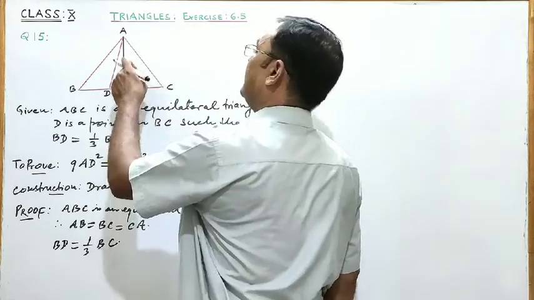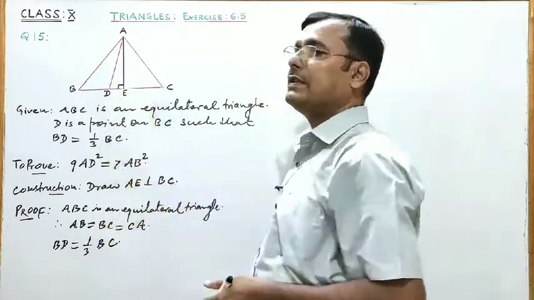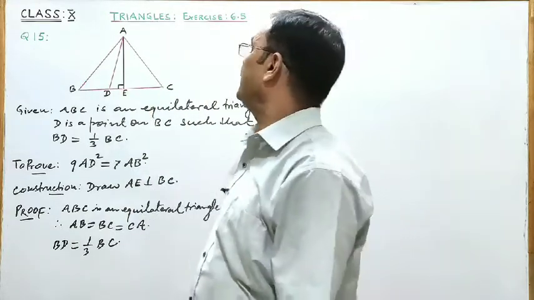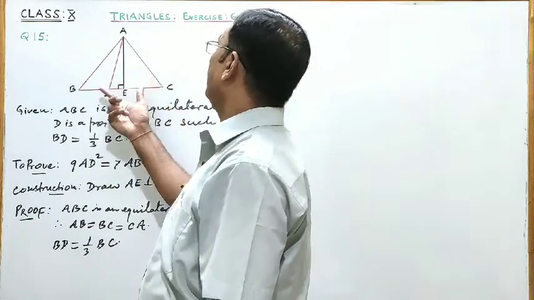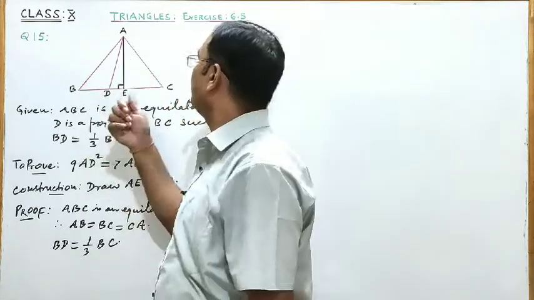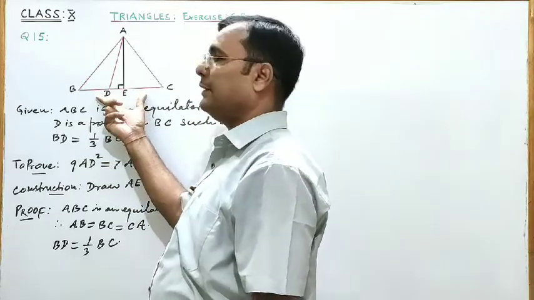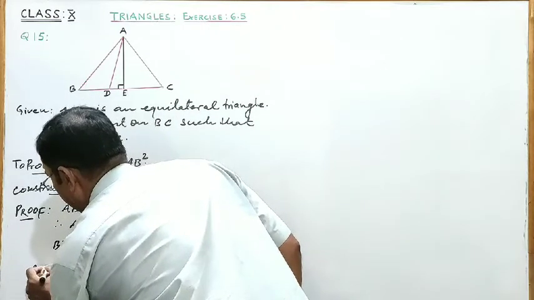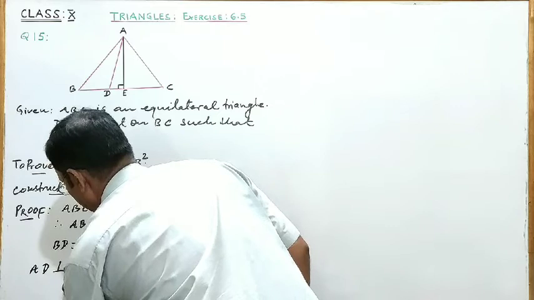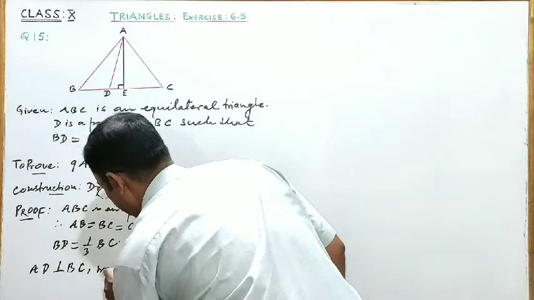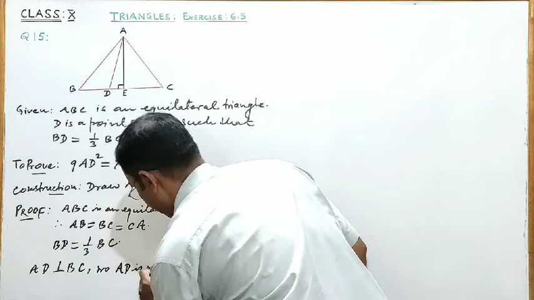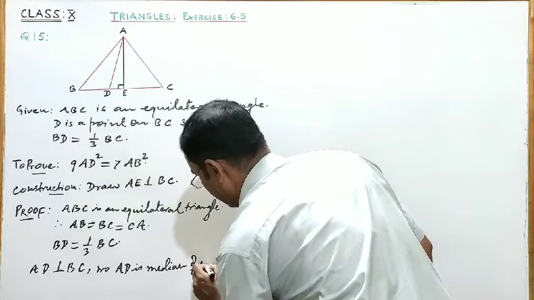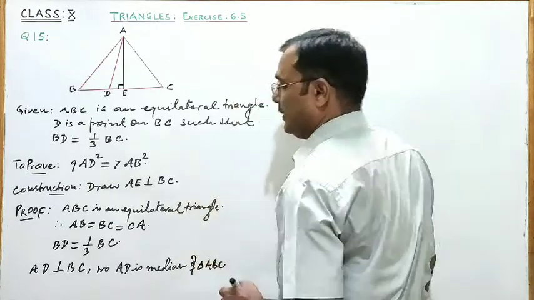We have constructed this AE perpendicular to BC and triangle ABC is an equilateral triangle. Therefore, this perpendicular AE will be the median of the triangle also. So, E will be the midpoint of BC. AE is the median of equilateral triangle ABC.